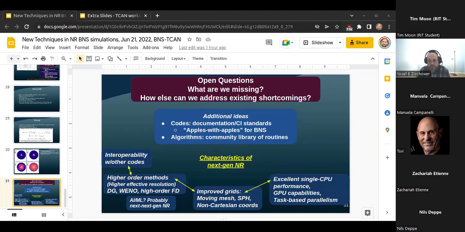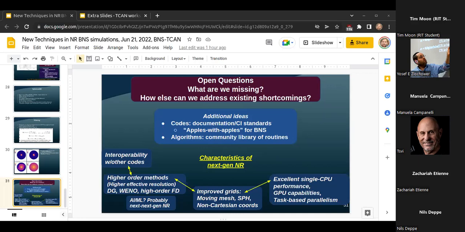I think by and large that when a code paper is released, we have unofficially looked at previous code papers where a number of code tests are performed, shock tube tests for GRMHD, etc. And we try and redo those with our own code bases.